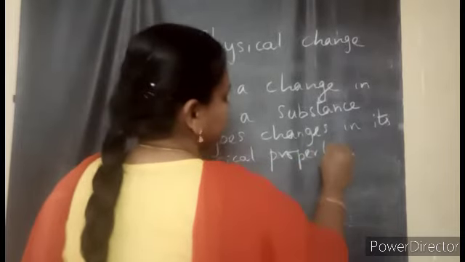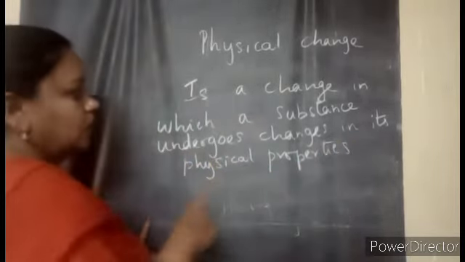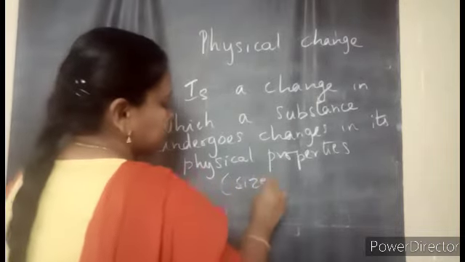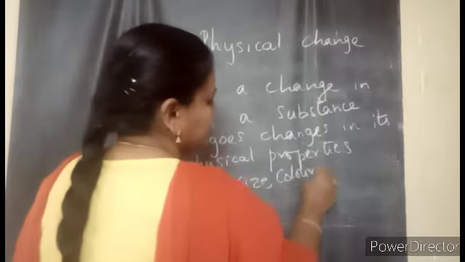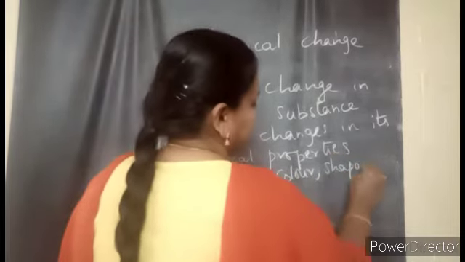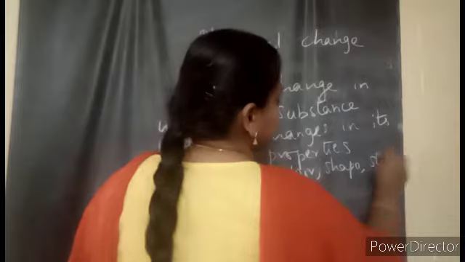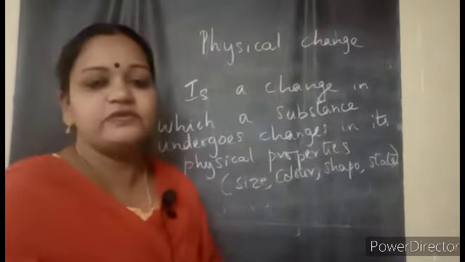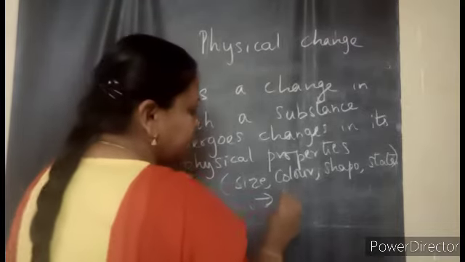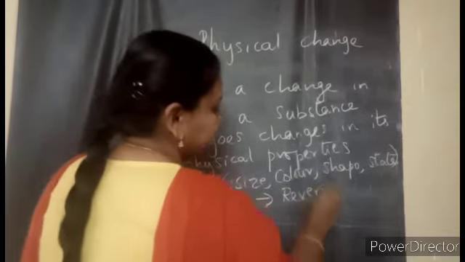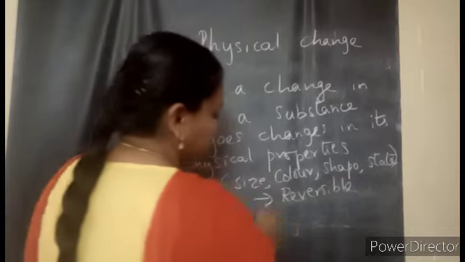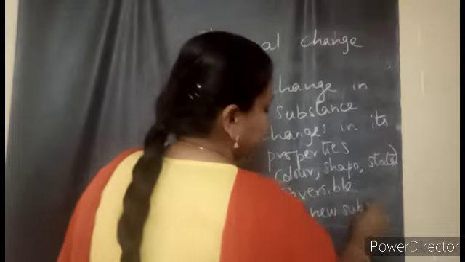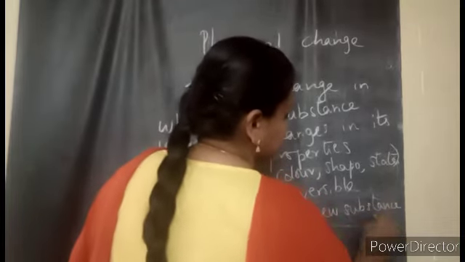So in a physical change, a substance will undergo changes in its physical properties like size, color, shape and state. Whenever there is a size change, color change, shape change or state change, we'll call it a physical change, and most of the time they are reversible, and also no new substance will be formed in physical changes.